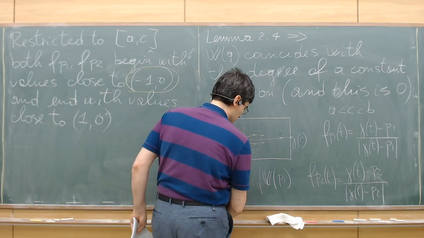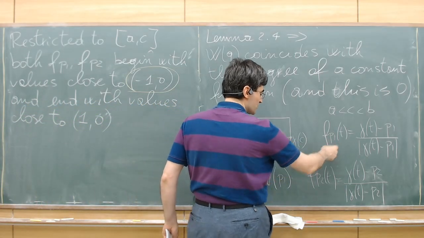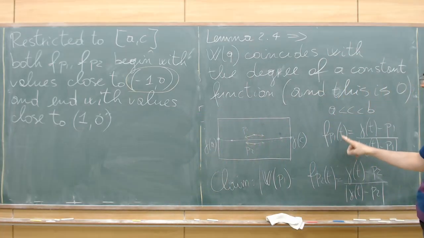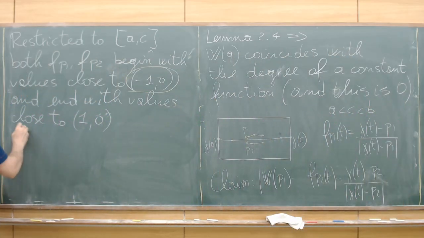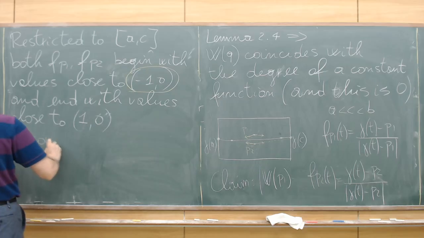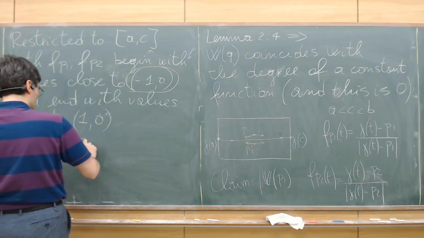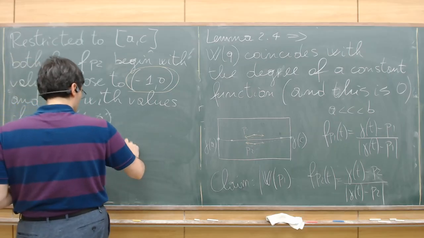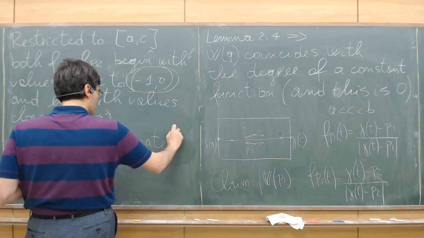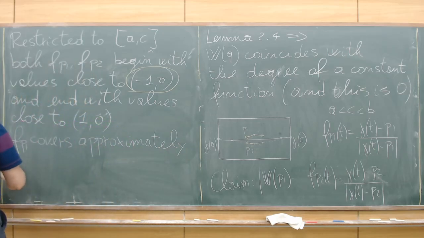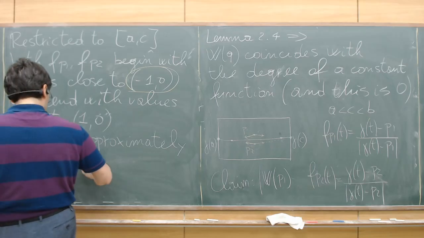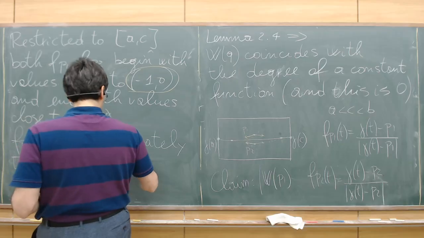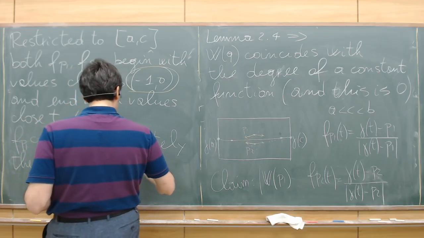What about the values of this function if t varies in AC? The answer is simple. fp1 covers approximately the bottom half of S1 counterclockwise.